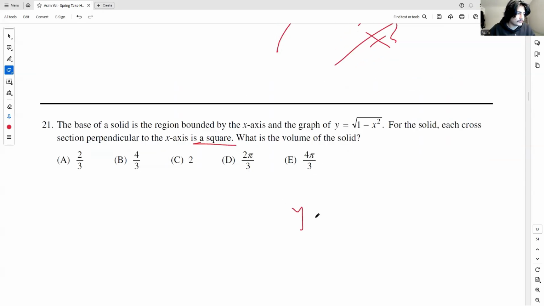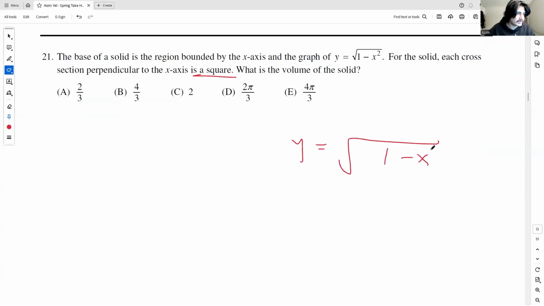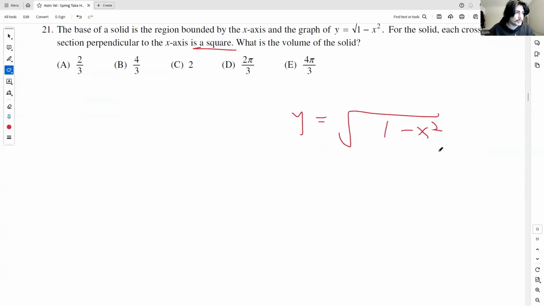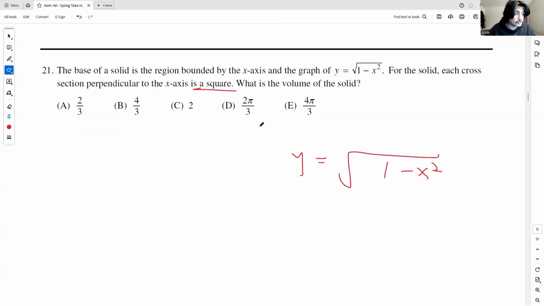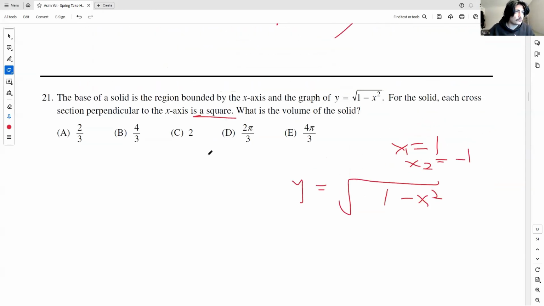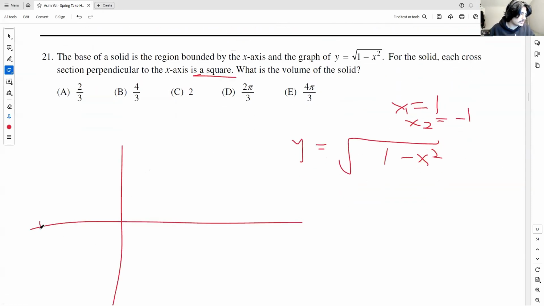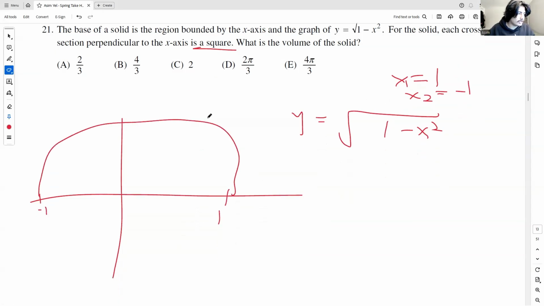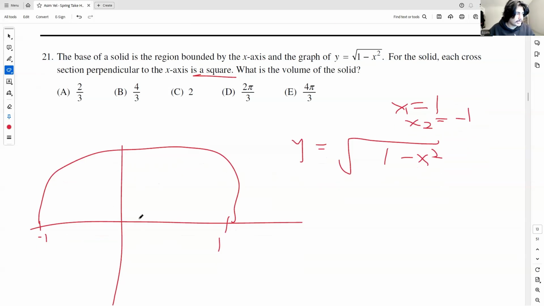So basically, our function is y equals radical 1 minus x squared. Also note that your zeros are at x1 equals 1 and x2 equals negative 1. So your region should be from negative 1 to 1 in this case. You have your region bounded inside of this semicircle, and you're going to have squares, and this semicircle is a representative of radical 1 minus x squared.